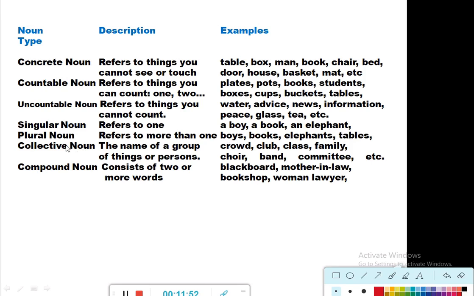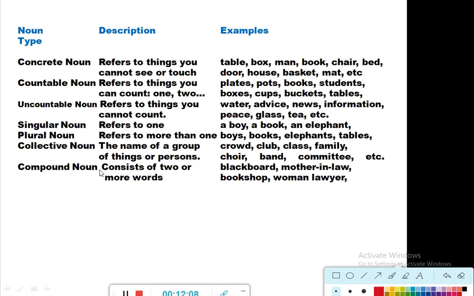Then a collective noun is the name of a group of things or persons. For instance, a crowd is a group of people, a club, a class, a family, a choir, a band, a committee.